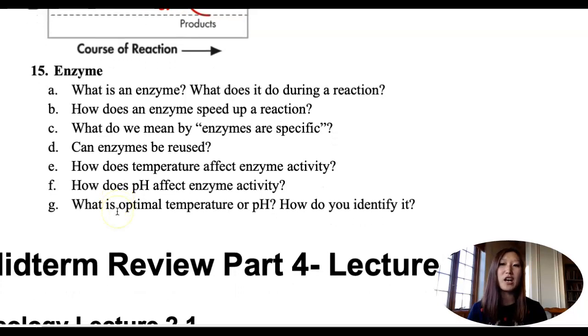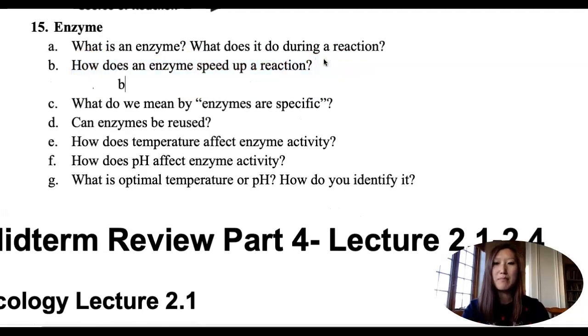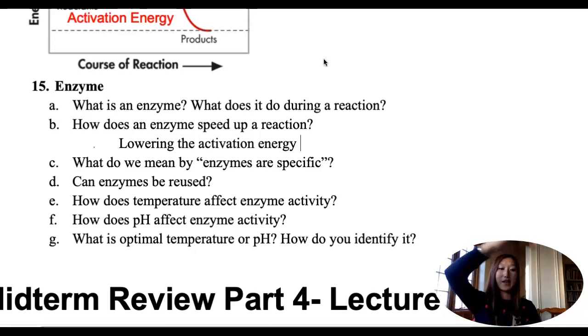The last part that we're going to talk about is called enzymes. Enzymes are proteins that speed up a chemical reaction. So how does an enzyme speed up a chemical reaction? It speeds it up by lowering the activation energy. Normally you have to go through this energy bump, right?